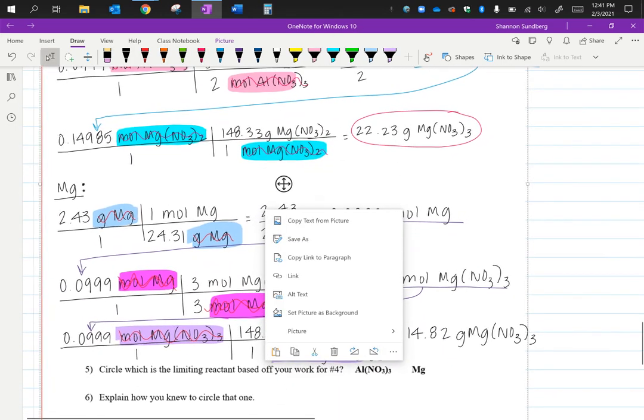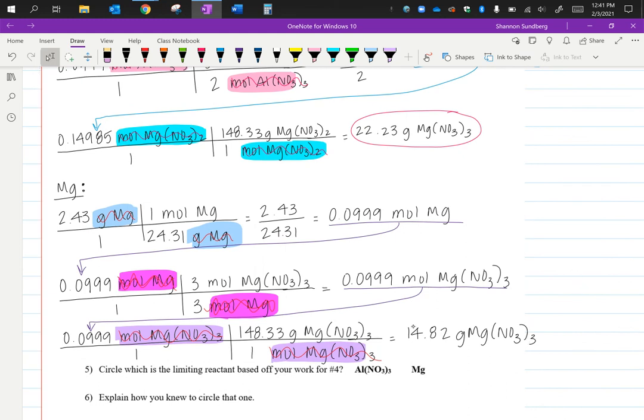The second T-chart is telling you if you use up the maximum amount, you use up all of your reactant, this is the maximum amount of product you could make. You cannot make more than your minimum value. Okay, so you cannot possibly make 22.23 grams if you're limited by your other reactant.